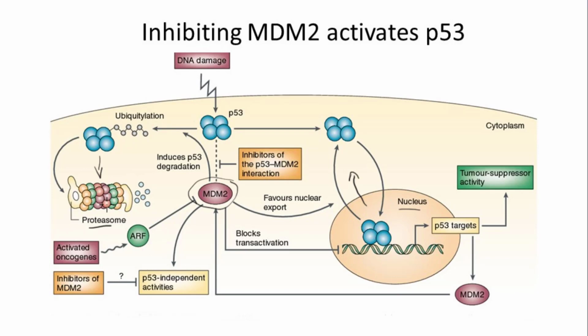So MDM2 causes p53 to leave the nucleus, come out into the cytoplasm, where MDM2 ubiquitinates it, causing it to be degraded. This is yet another example of negative feedback regulation, because it turns out that the MDM2 gene is one of p53's target genes. p53 activates expression of the MDM2 gene, which encodes the MDM2 protein, which targets p53 for degradation.